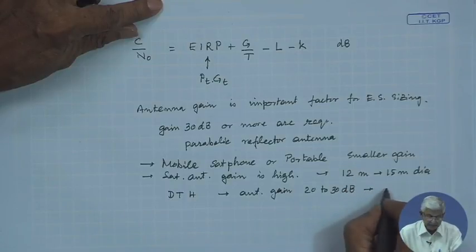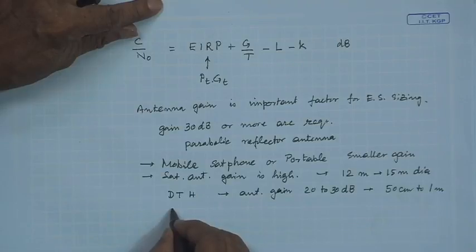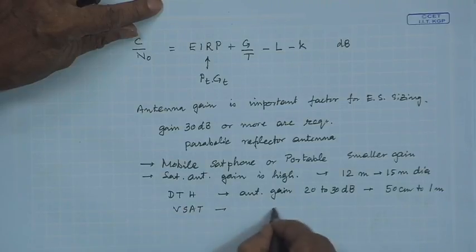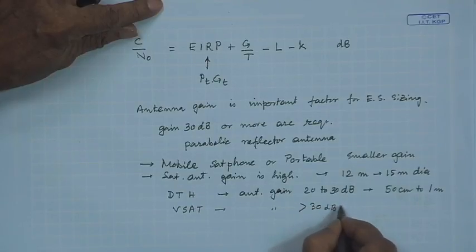So, the sizing is 50 centimeter to 1 meter, sometimes lower than 50 centimeters is available. For the other group, that is VSAT, very small aperture terminal, the antenna gain is of the order of 30 dB or greater than 30 dB.